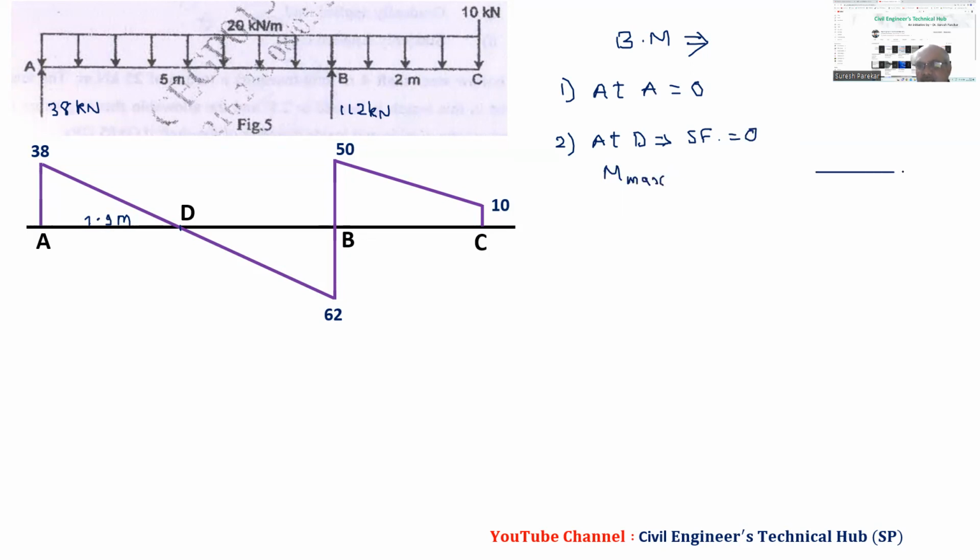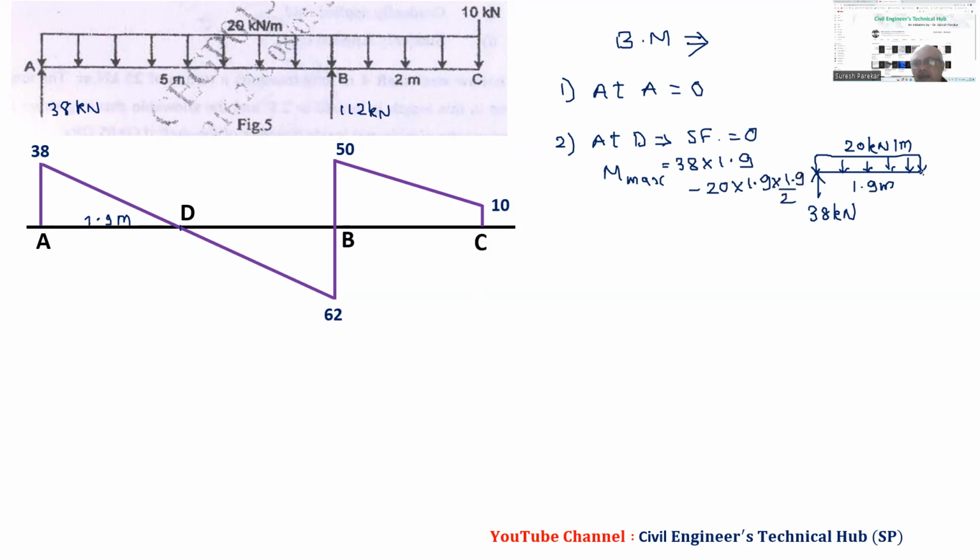Now we will find this. We have to consider 1.9 meter. I will take 1.9 meter only. This is most important. Then we have 20 kilonewton per meter, and concentrated load 38 kilonewton. M max is equal to 38 into 1.9 minus 20 into 1.9 into 1.9 by 2.